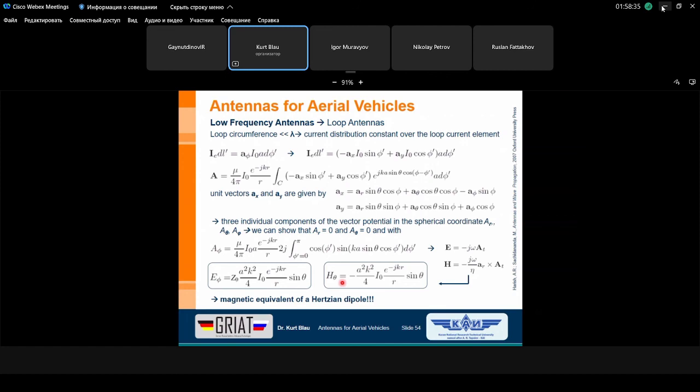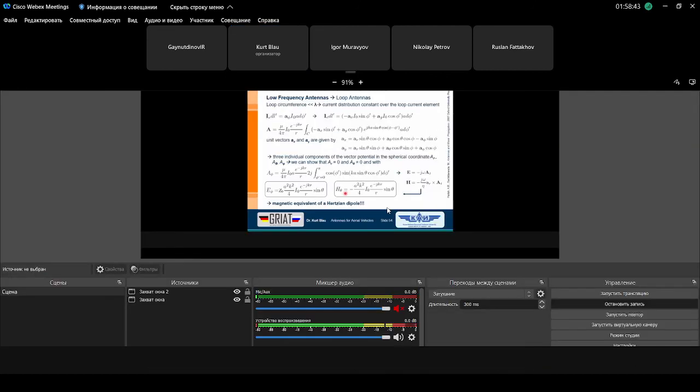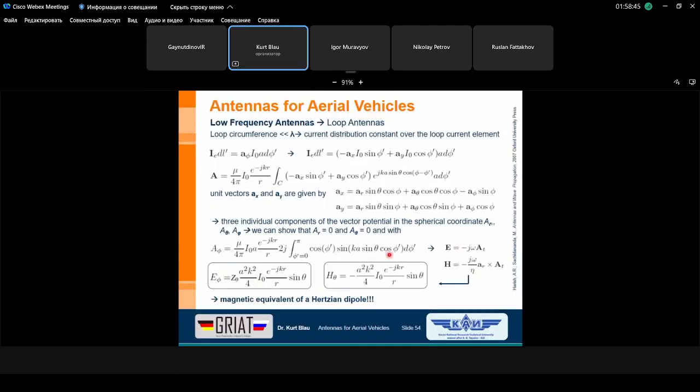Sorry, yeah, and this shows that the E field is perpendicular, or the E field can be determined in this way. This is our magnetic vector potential, and in case of H field here, again we have the wave impedance.